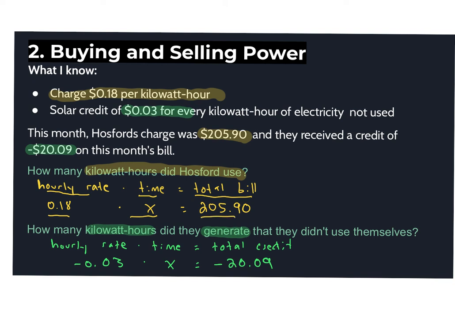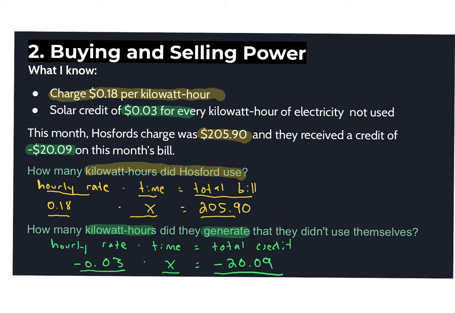And for our solar credit, if that is 3 cents off our bill times however much we use, gets us that total credit of $20.09. I know those are negative numbers right there, but remember, those are credits. So that is money being removed from our bill.